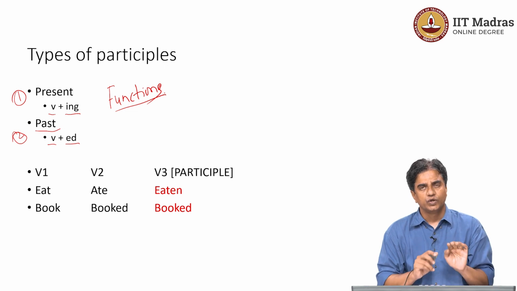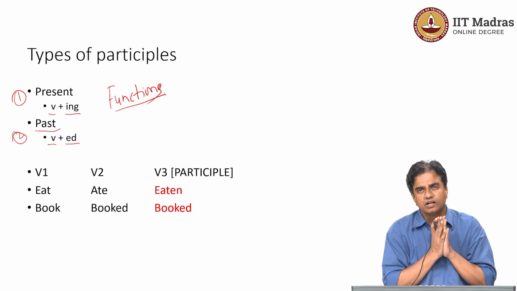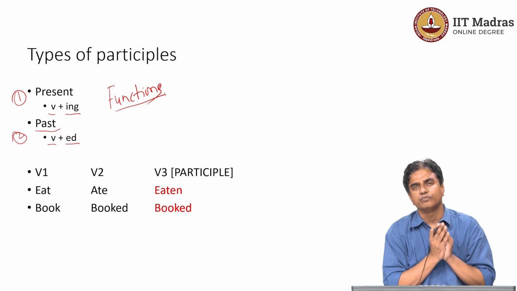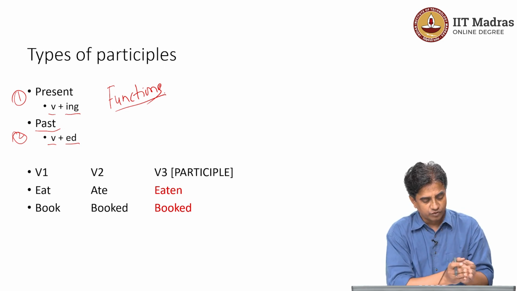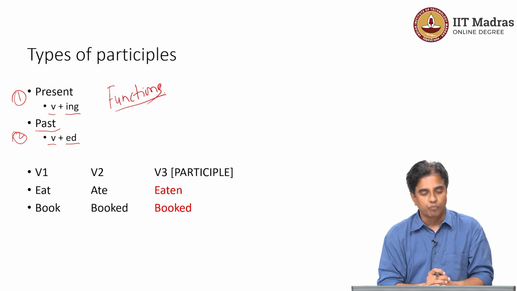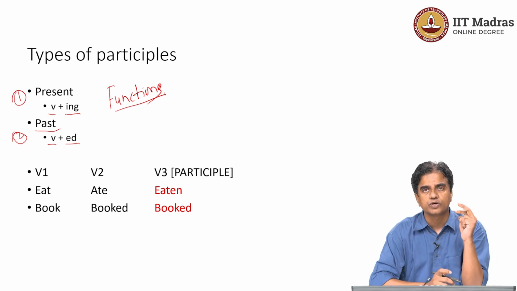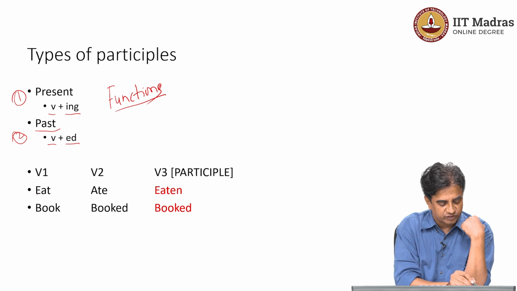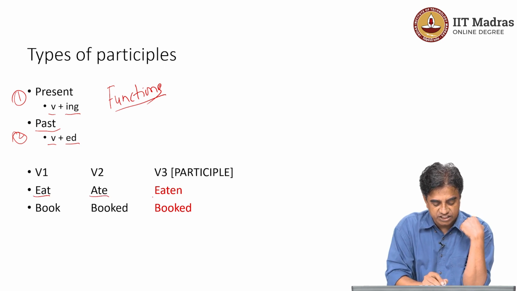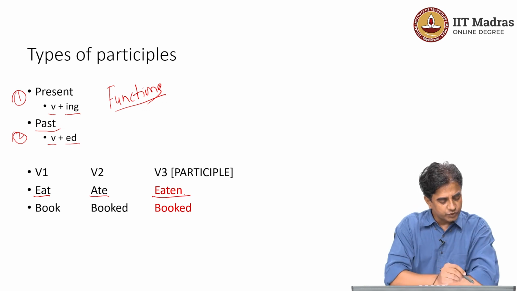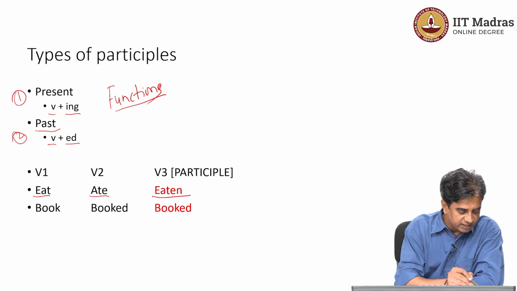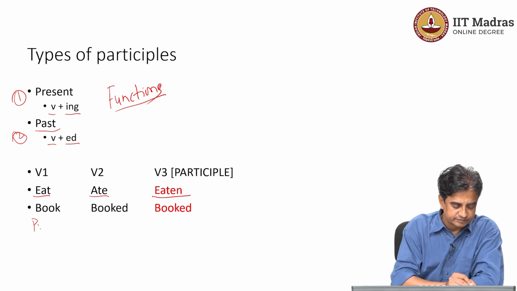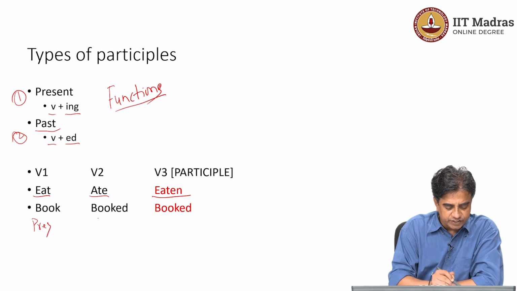Look at this. You must have noticed hundreds and thousands of verbs which can have these kinds of forms, and I have purposely brought only two for you to see. We have some irregular verbs where we have eat, ate, eaten. So eat is V1, is probably present, and V2 is past.